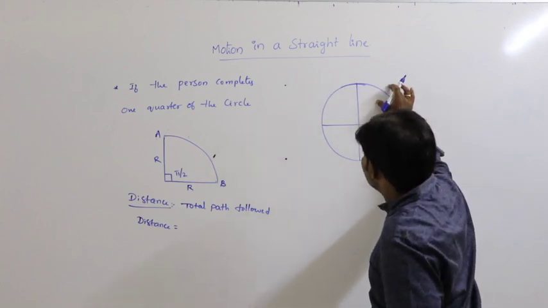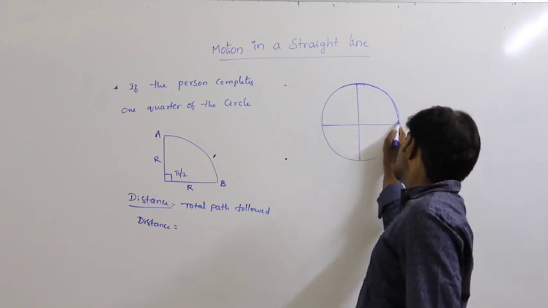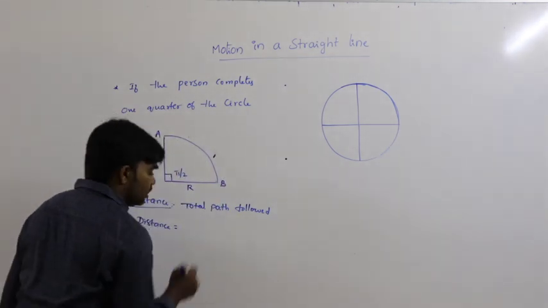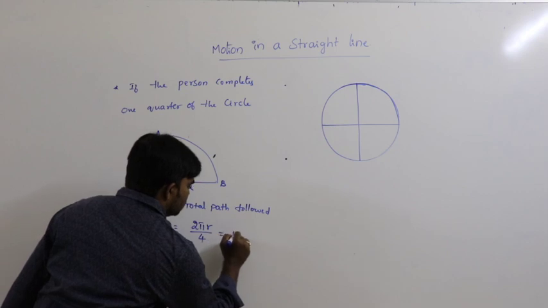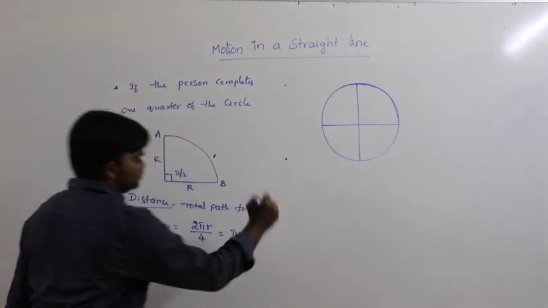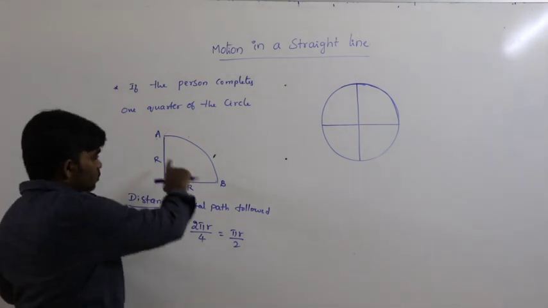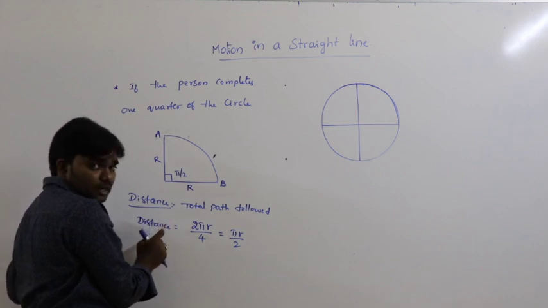And what is the circumference of one quadrant of the circle? How many quadrants here? 4 quadrants. That is 2 pi r by 4, that is pi r by 2. This is the distance.